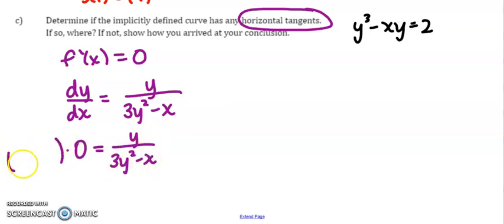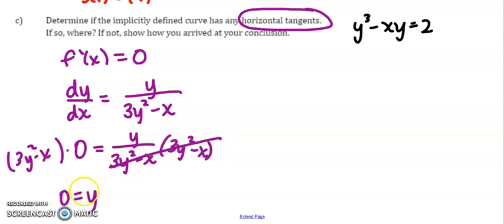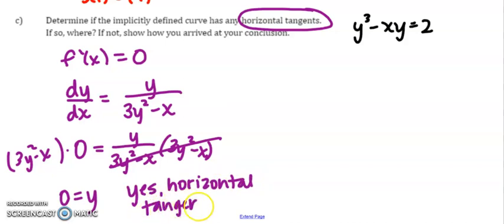Multiply both sides by your 3y squared minus x. And I get 0 is equal to y. So upon initial inspection, the answer is yes, horizontal tangent when y is equal to 0.